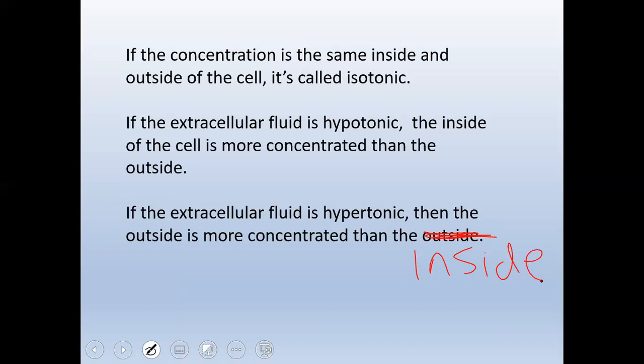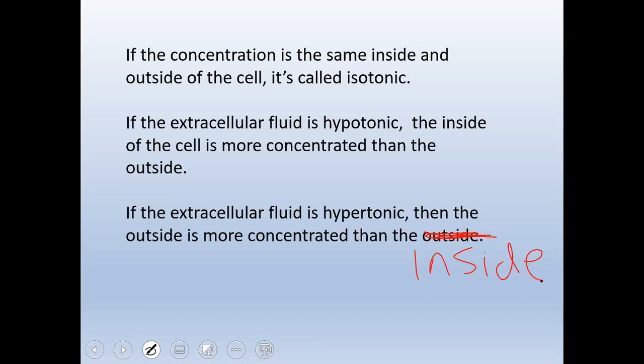So this is just some terminology. Hypo and hypertonic. Hypo and hyper are specifically referring to the outside of the cell. Hypo, the outside of the cell is less concentrated than the inside, where the inside is more concentrated than the outside. Exact same thing I just said, just opposite.